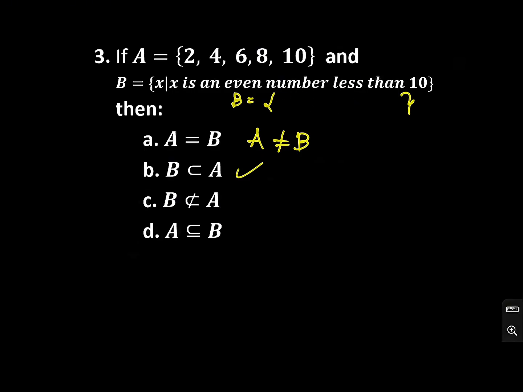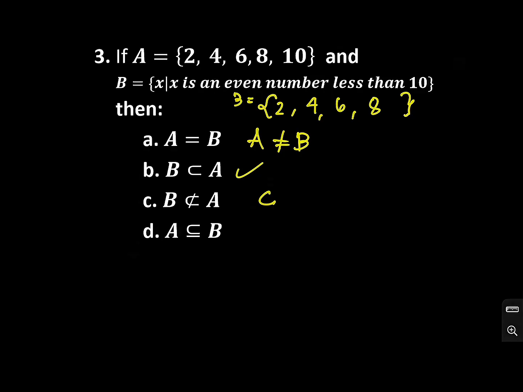It can be identified as a proper subset if all elements in B are also in set A, and B should have fewer elements than set A. So B is a proper subset of A, because if we check, we have 2, 4, 6, 8. In set A, we also have 2, 4, 6, 8, and 10.